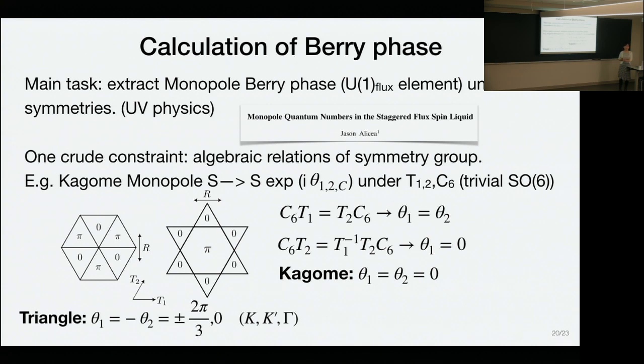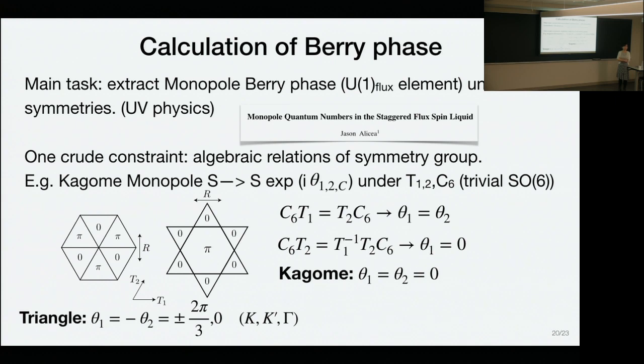In other words, she's picking a particular trivialization of this vector bundle generated by these monopoles. Why is that? It's always possible. She's making such a particular choice of the monopole quantum number. The SO(3) part is trivialized, but the non-trivial part is U(1).